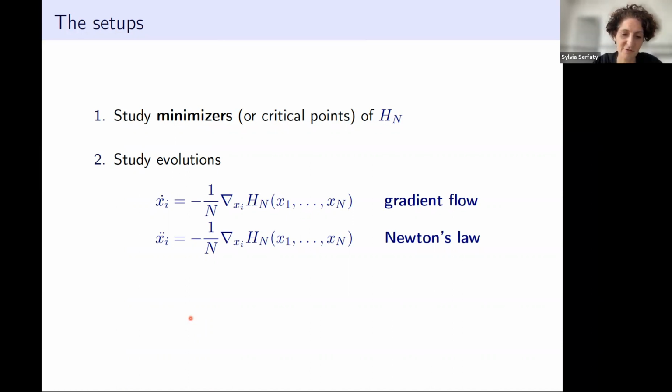Okay, so this is a gradient flow, and here it's normalized by the number of particles, which is a good normalization, a natural one, let's say. More physical is even to look at Newton's law, where the acceleration is proportional to the gradient, to the force, if you want. I will not have a lot of time to say stuff about this, but it's also very interesting, and we also have some results.